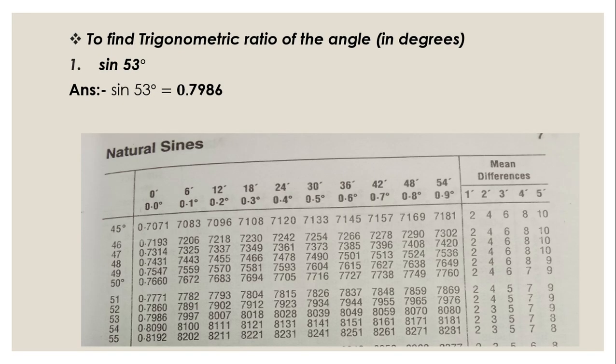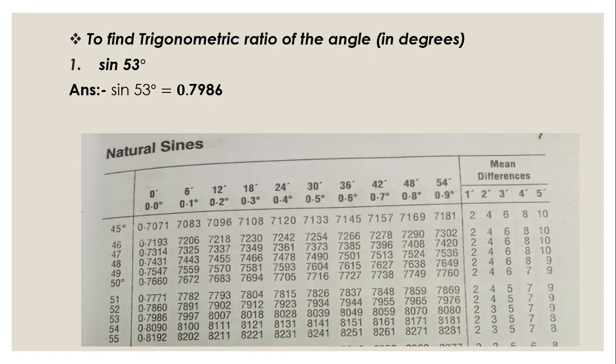Now let's know how to find the trigonometric ratio of the angle when the angle is given in degrees. Now we have an example here. We have to find the sine of 53 degree. First, we have to go to the natural sines page and locate 53 degree.